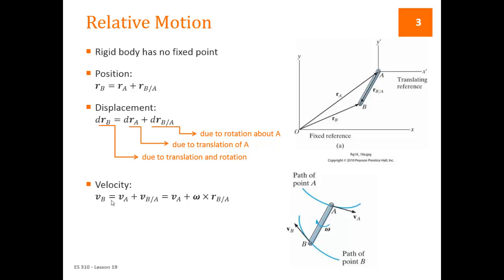The velocity then is v_B equals v_A plus v_B with respect to A. And v_B with respect to A is omega crossed with r. This is again rotation, and this is translation.